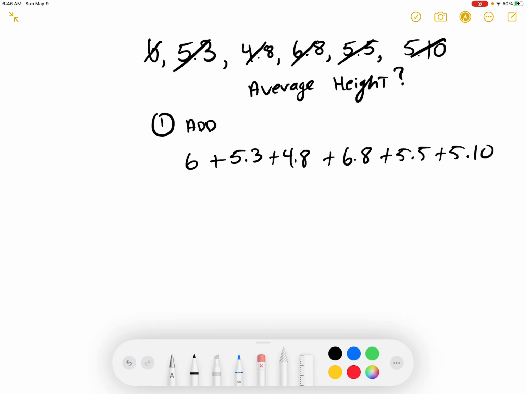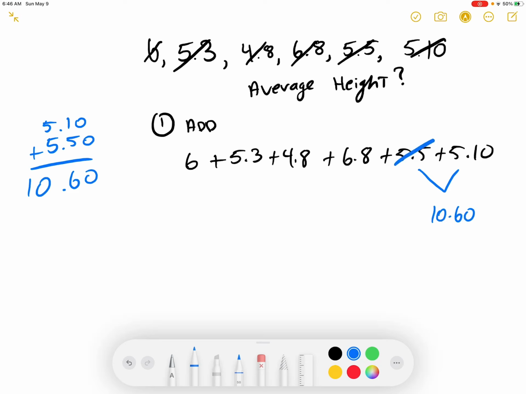All right, I'm going to rearrange some of these numbers to make it easier. I'm going to add the 5.5 and the 5.10 together first. That's going to be 0. 1 plus 5 is 6. 5 plus 5 is 10. So this is 10.6.